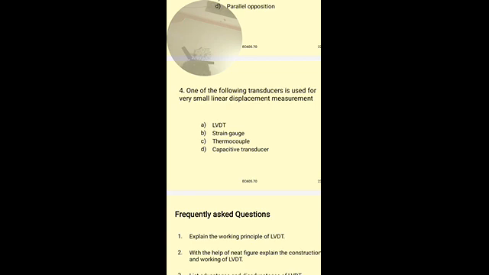Applications of strain gauge: measurement of strain and stress in experimental stress analysis, investigating strain in many structural materials for a wide range of environmental conditions, measurement of temperature, pressure, and acceleration, and in medical field investigation.